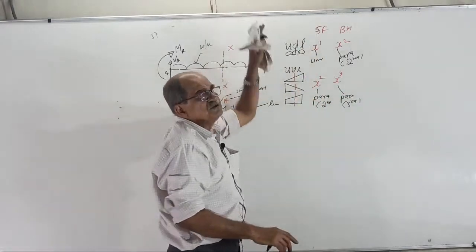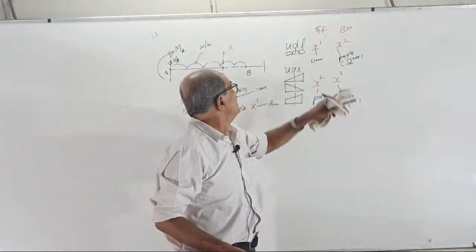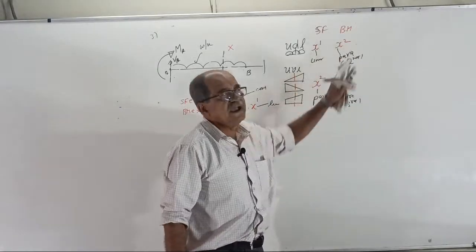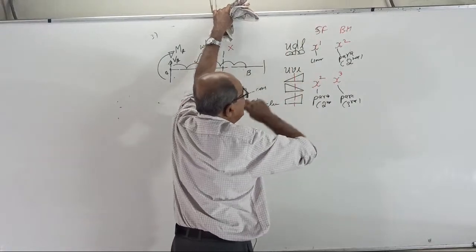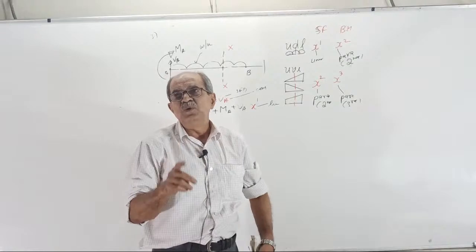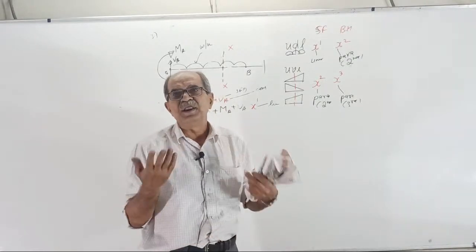For UDL, shear force is linear. For BM, now you have to remember, further I can't tell: if UDL is there, shear force variation is linear, BM is a second degree parabola. If UVL is there, shear force is a second degree parabola, BM is a third degree parabola. I will tell you how to remember. For me I don't require it.